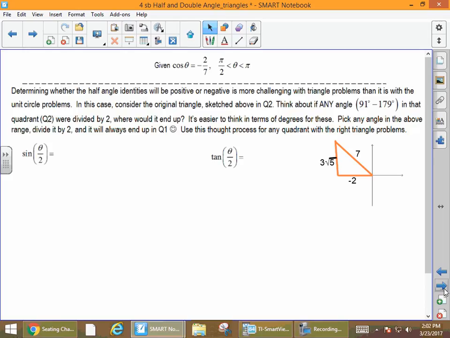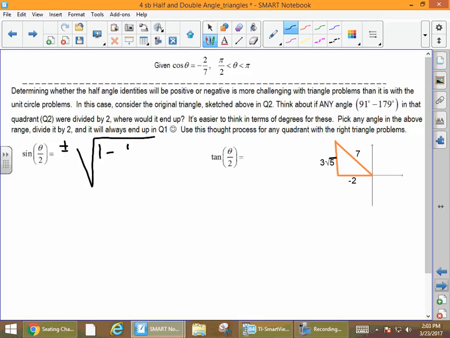I don't think that we necessarily really need this, because if we think about what sine of theta over 2 is, and we flip back and we look on the front page for our identity, the sine of theta over 2 is plus or minus the square root of 1 minus cosine of theta divided by 2. I've kind of gotten ahead of myself, but the reason why I don't really need the triangle here is because our given information is in terms of cosine, so we have everything that we need.